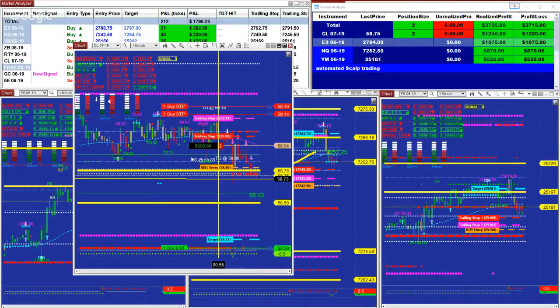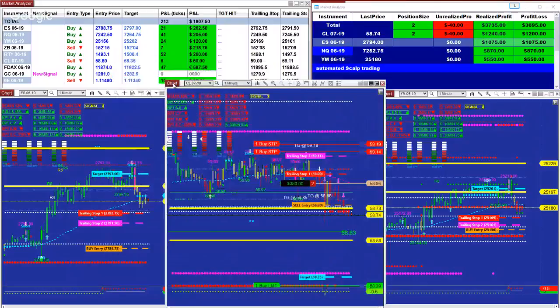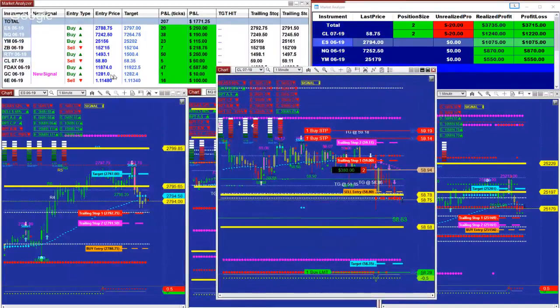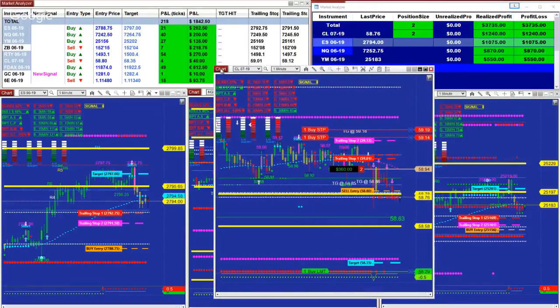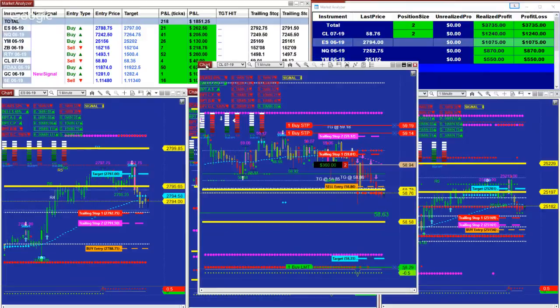A new signal on the gold. Buy. You see, guys, from the market analyzer, we predicted it ahead of time. There is a buy on the gold, 12810 entry, and 1282.4 the target. So it's right in front of you, the gold.